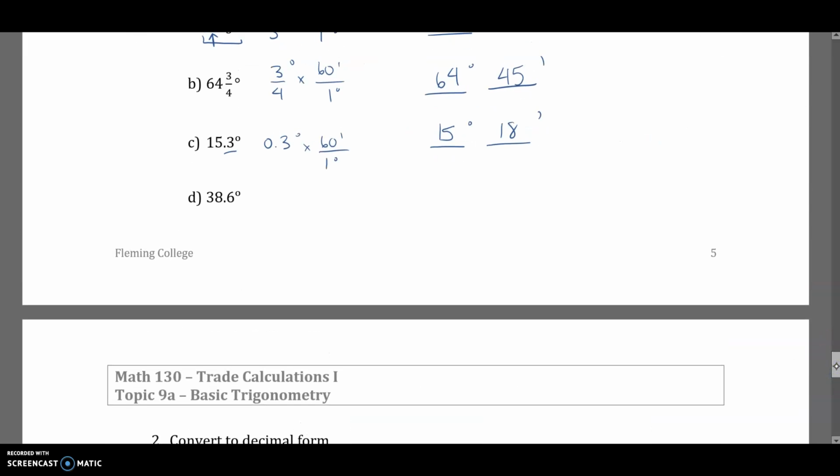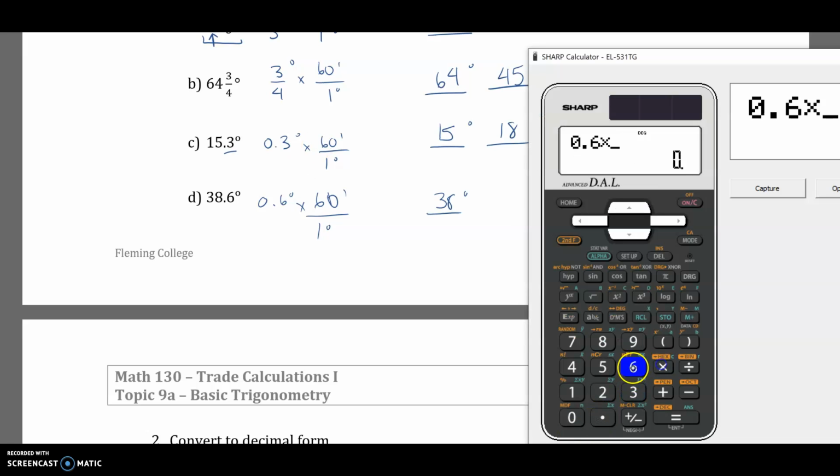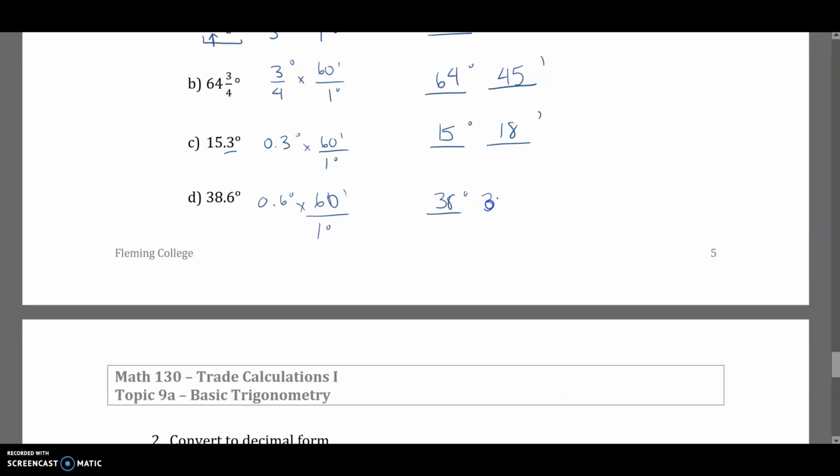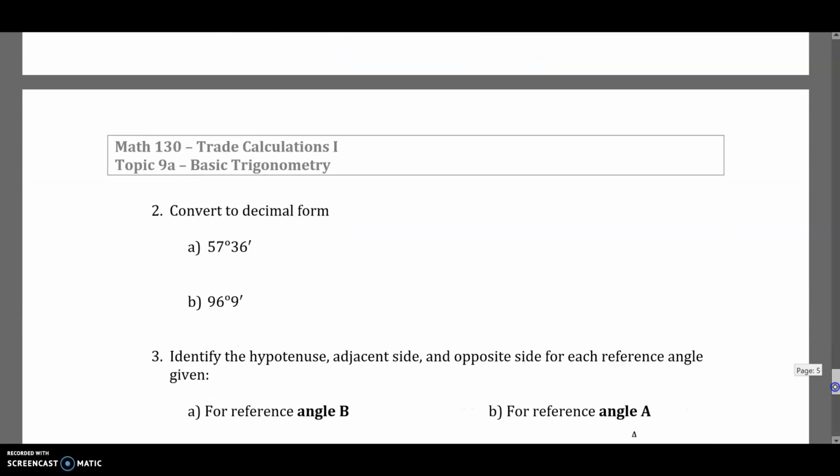One more, 38.6 degrees. I have 38 whole degrees. Convert the 0.6 degrees to minutes by multiplying by 60 minutes in 1 degree. So 0.6 times 60 is 36 minutes. So 38.6 degrees is 38 degrees and 36 minutes.